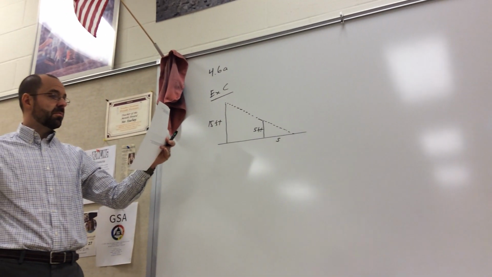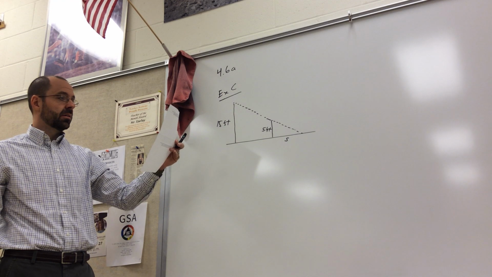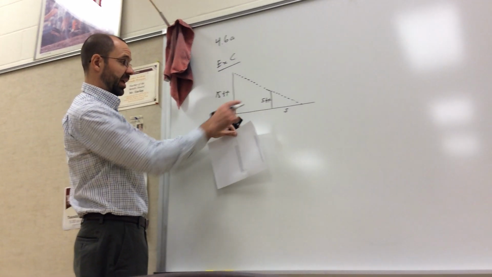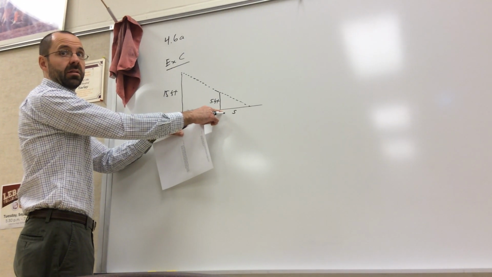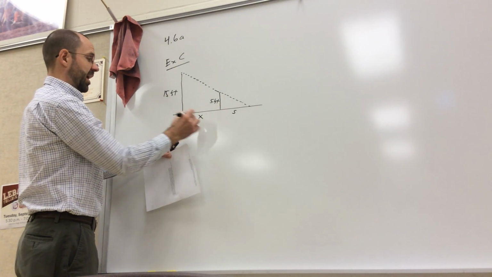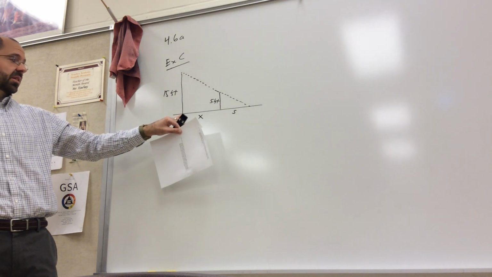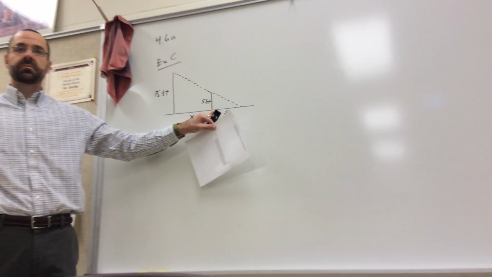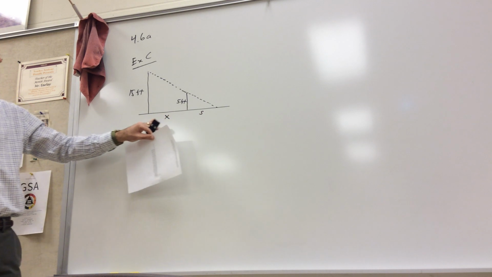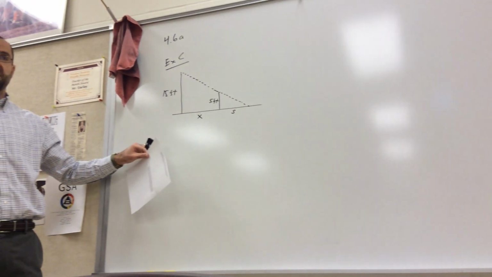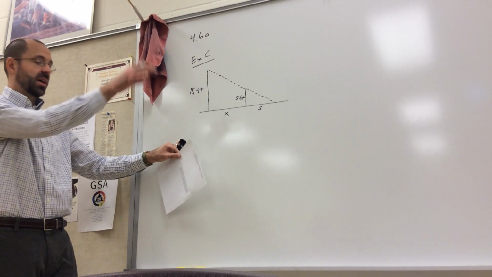Okay, then also the man is walking away from the lamp, right? So the distance from the lamp to the man is changing. So I need to call that x. So x represents the distance from the lamp post to the man. Okay, now we have to come up with an equation that talks about this picture.